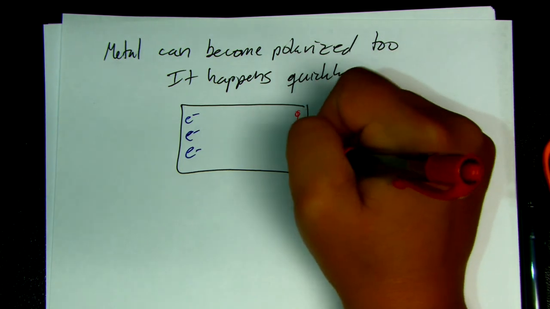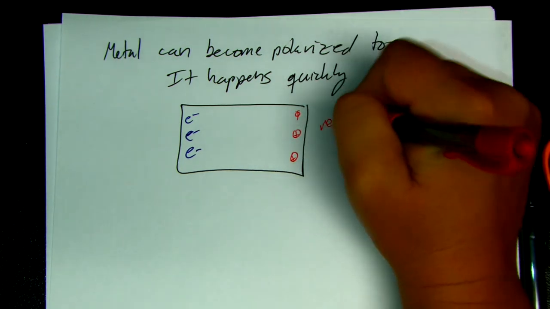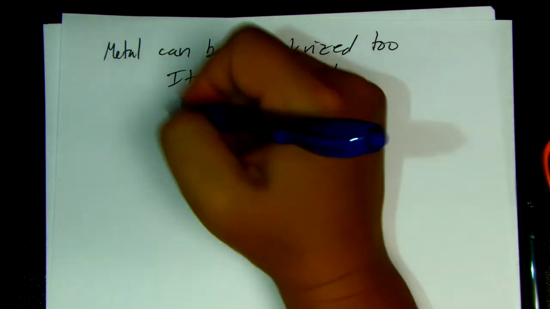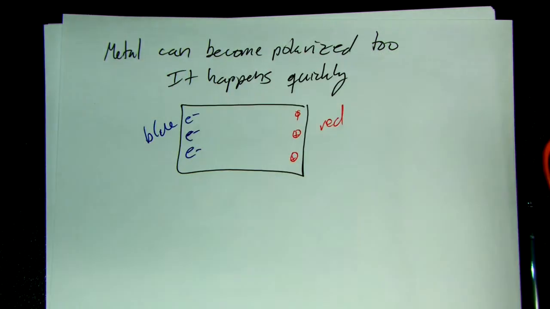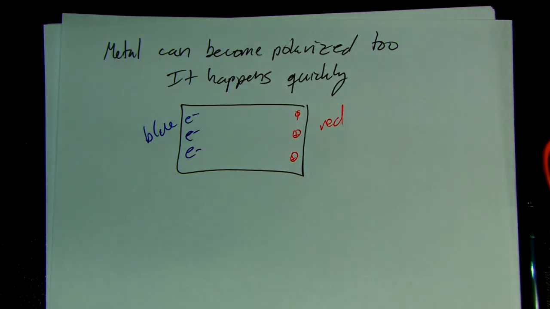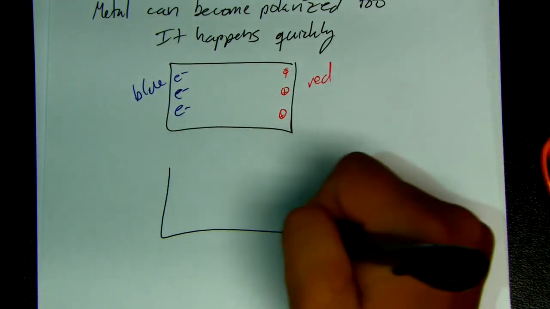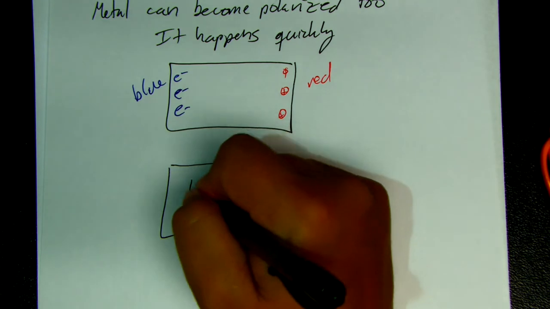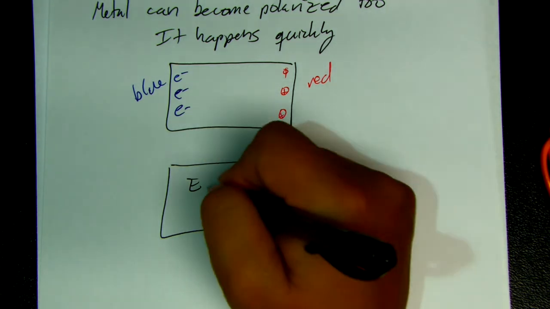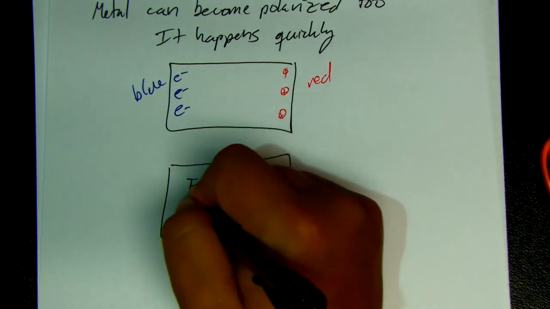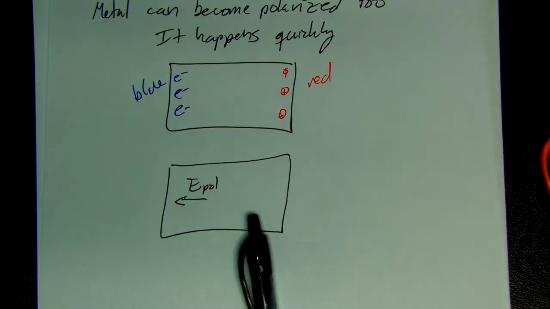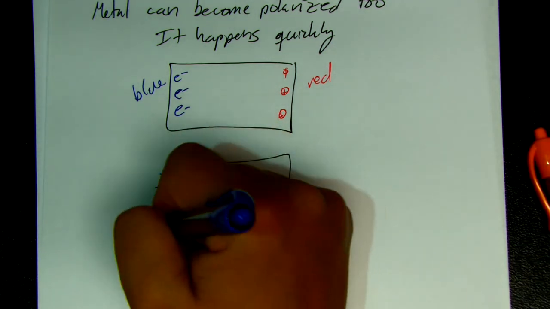The convention is to do positives in red and negatives in blue. And so when this happens, you have the field from being polarized, which is going in that direction towards the negative charges.